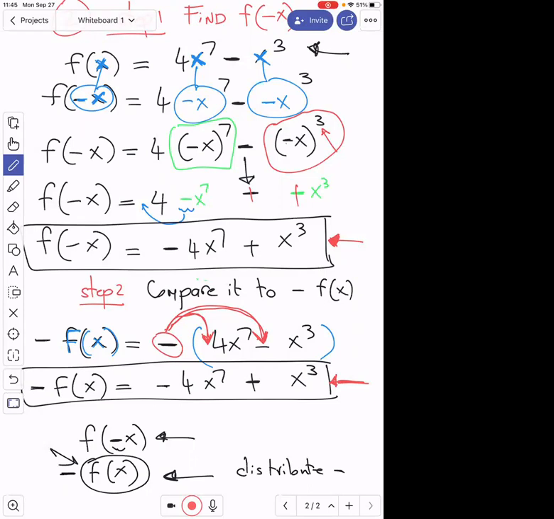So I'm multiplying each term of the function by -1. It's like multiplying each term of the function by +2 or +3. So think of the negative like -1, multiplying each term of the expression or of the function f by -1.